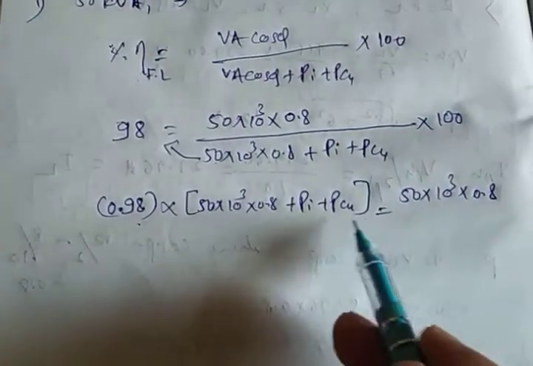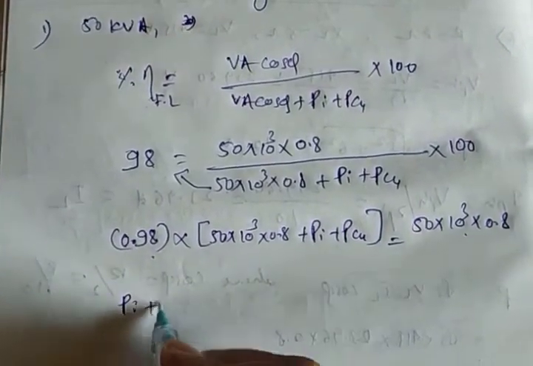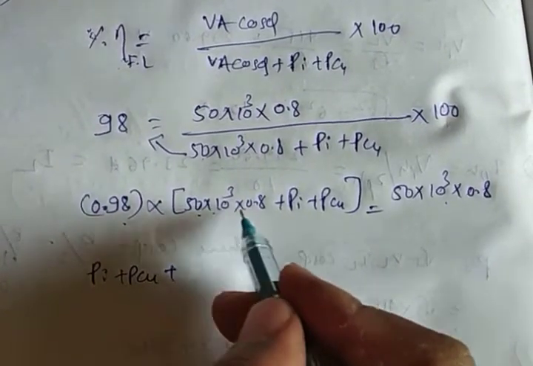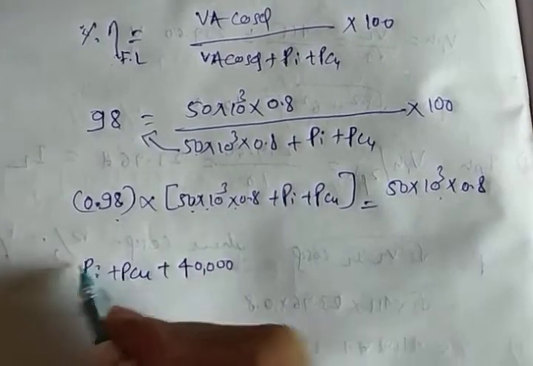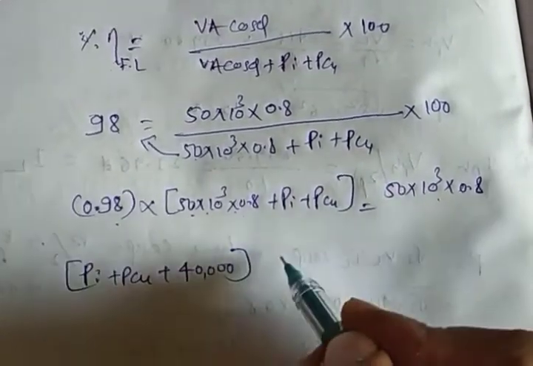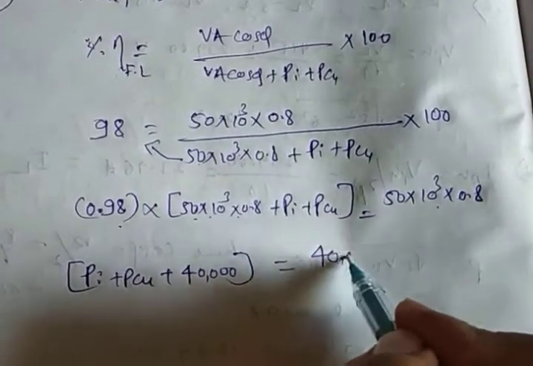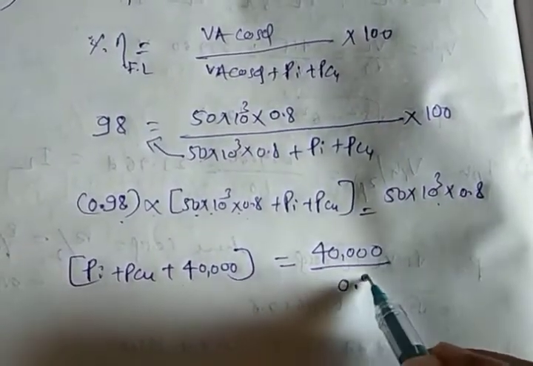So simplify this, what will we get? 50 into 10 to the power 3 into 0.8, you will get 40,000. This is a multiplication, so it becomes division.